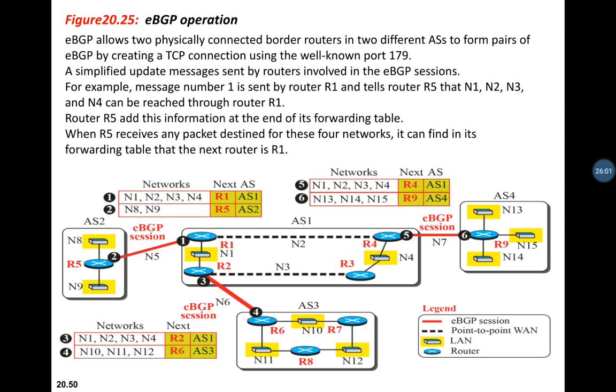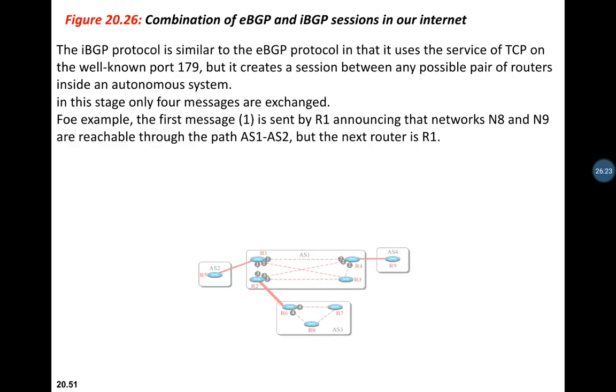But in the case of eBGP, it allows two physically connected border routers in two different autonomous systems to form a pair of eBGP by creating a TCP connection. Here you can see that altogether there are 6 messages, and we have 3 eBGP sessions.